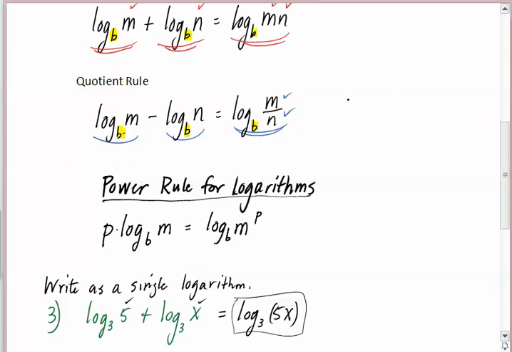Okay, sorry about that. I'd actually forgotten to write the power rule for logarithms, so here it is. Let's take a look at it. The power rule for logarithms says this: if I have the log with a particular base and a particular argument, and I happen to have a number at the front of that log, I'm actually allowed to bring that number, that factor, around and make it the exponent for that log.